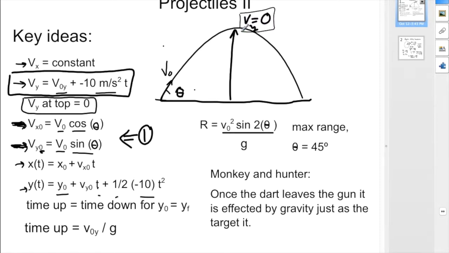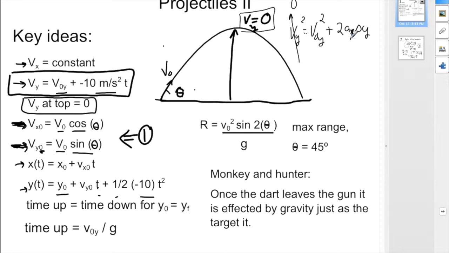So I'm free to use my v squared equation. The velocity in the y direction squared is the initial velocity in the y direction squared plus 2a delta y. Since the final velocity term goes to 0, it's pretty straightforward to get the height. And remember, for this equation, all of the velocities, accelerations, and displacements have to be in the same direction.